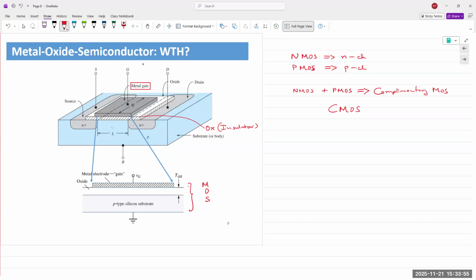Oftentimes, or in modern times, the metal is not an actual metal. It is heavily doped polysilicon.